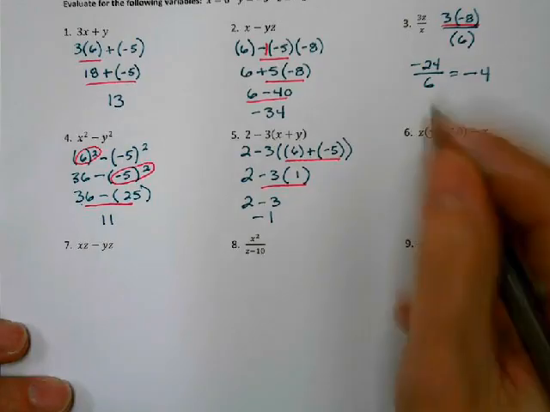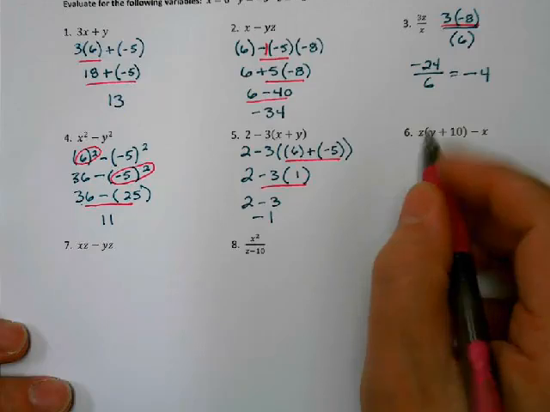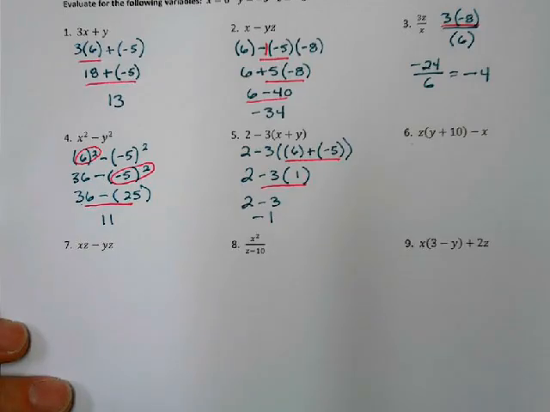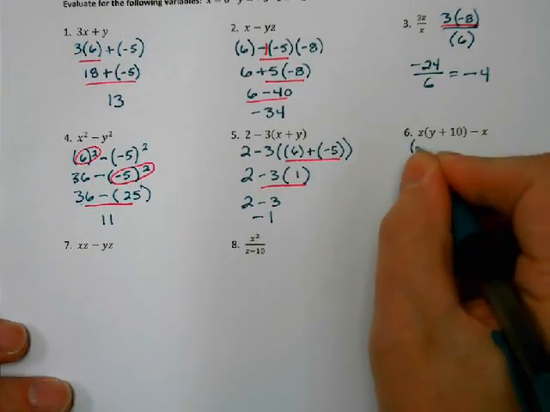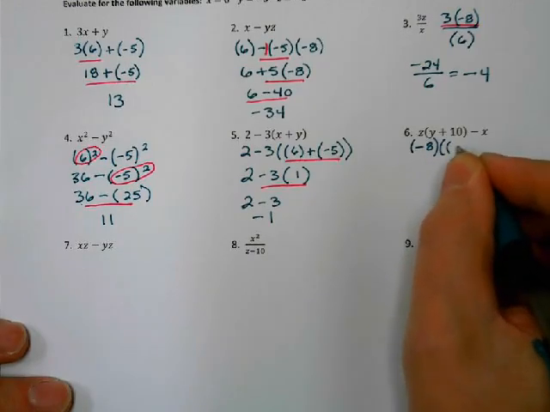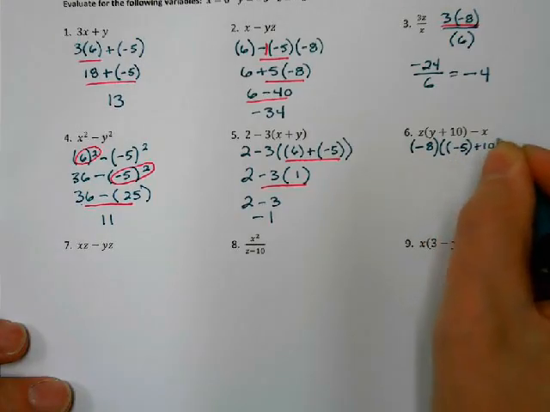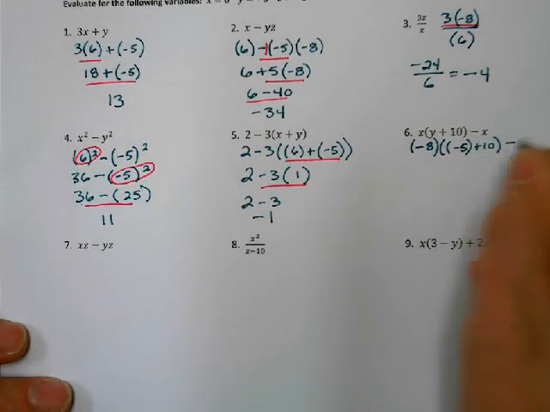All right, let's evaluate by substituting here. So z is negative 8. Oops, wrong color. Negative 8. Y is negative 5. And then minus the x on the outside, and x is 6.